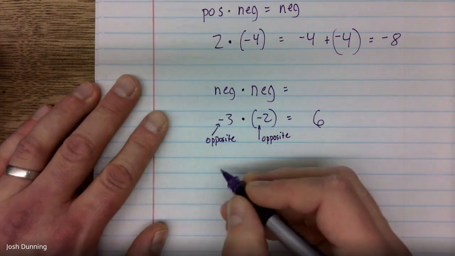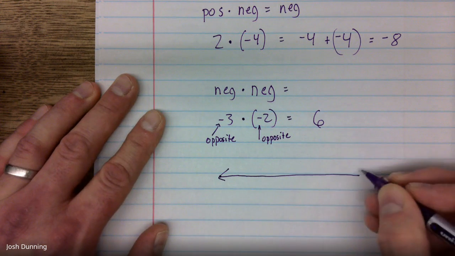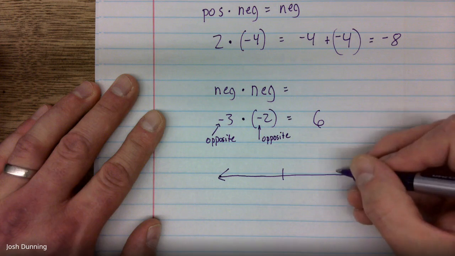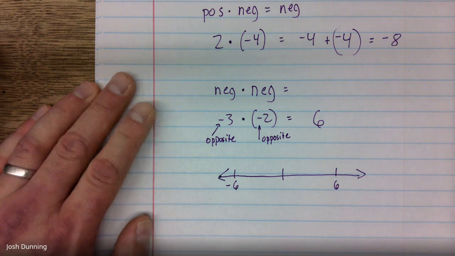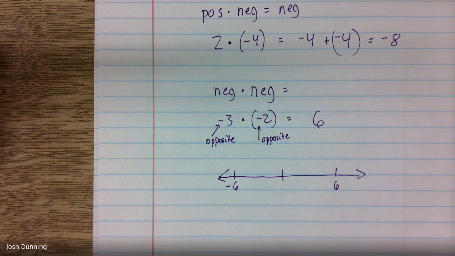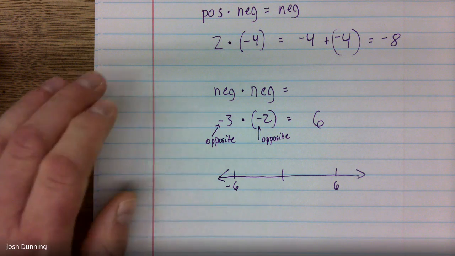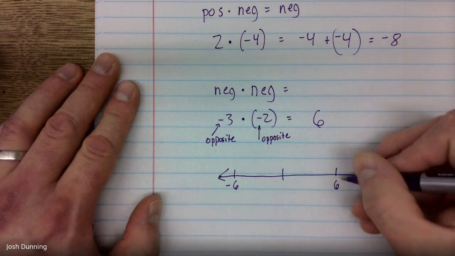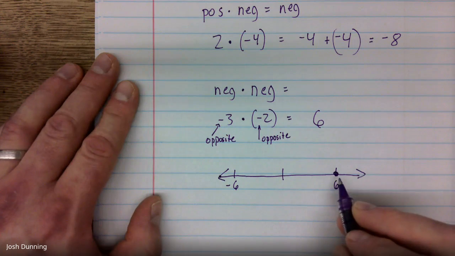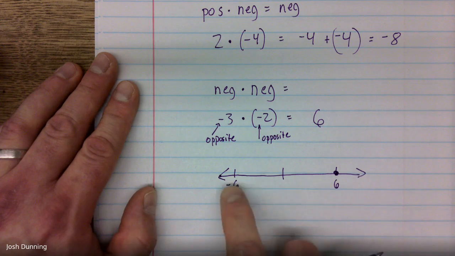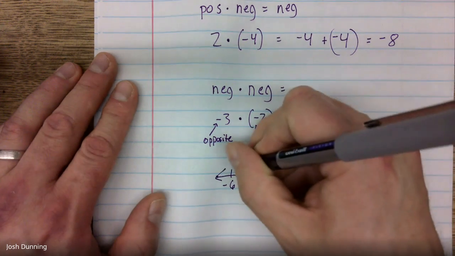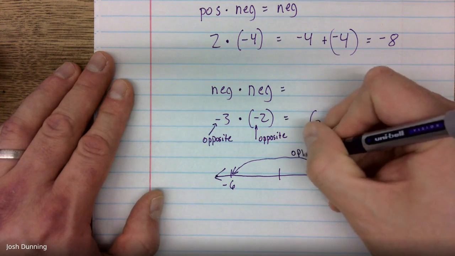Now let's take a look at what happens on a number line. And we don't have to fill all these numbers in here. We're just going to think about this. So the first opposite would take our 6, and you already know the opposite of 6 is -6. So there's the first opposite.